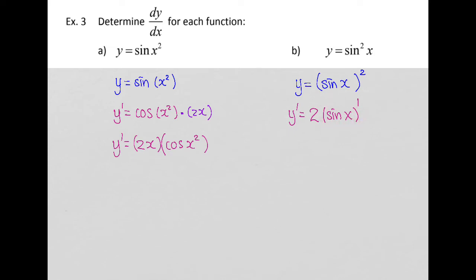So differentiation of sine will become cosine. So now you have y prime equals 2 sine x cos x. And we know this is actually the double angle for sine. So the simplified way to write it will be sine 2x.